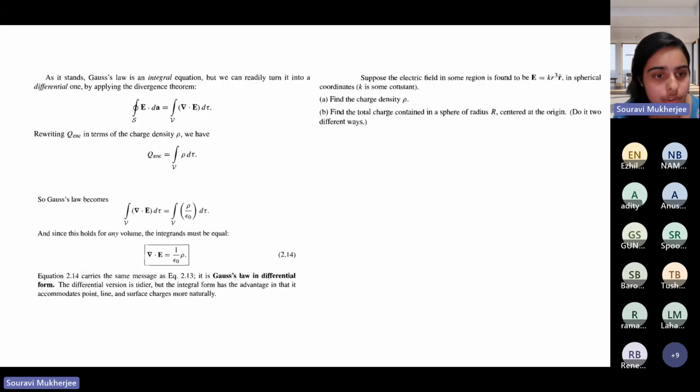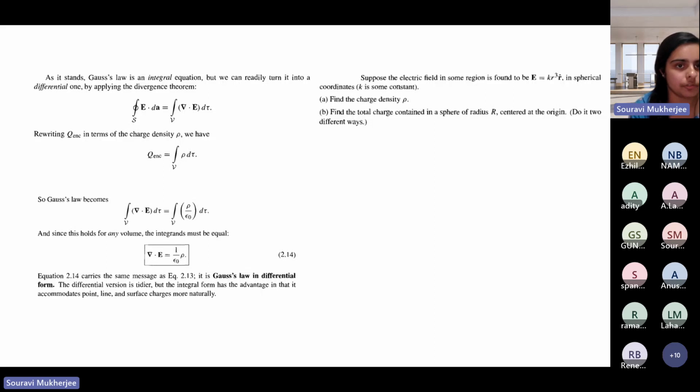Yes, right. That's fine. So the charge density here, del dot E is equal to rho by epsilon. So what is charge density? Charge density is the amount of charge per unit.